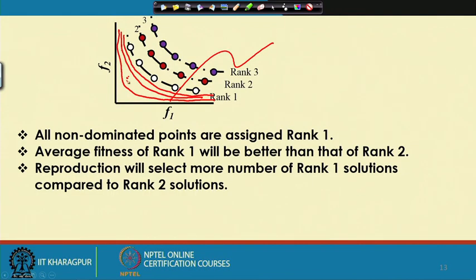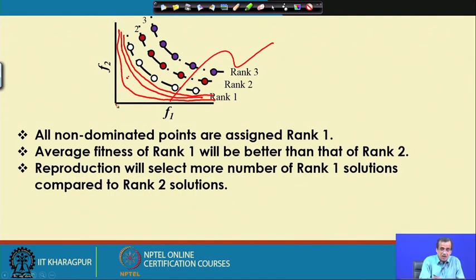Now, the closer this particular front is to the origin, the better it will be in terms of quality, but we cannot hit the origin, that is (0, 0), the global minimum where both f1 and f2 will be 0. That cannot be reached, because there will be some functional constraints and some variable bounds.